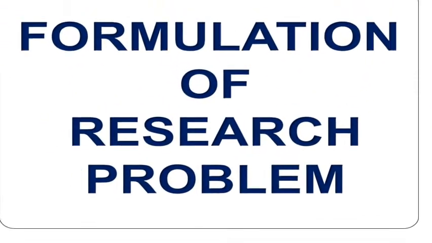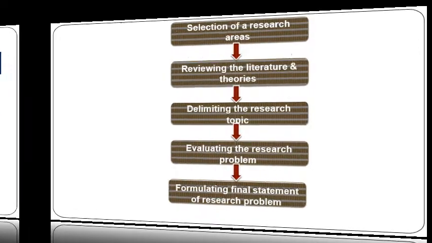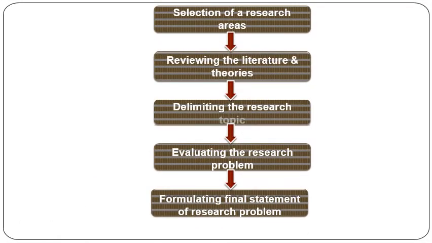So from this point forward, we shall look at how to formulate a research problem. As you can see, there are 5 steps to formulate a research problem. Firstly, you will have to select a research area that you're interested in. Secondly, you will review the literature and theories pertaining to the specific area that you have chosen earlier.